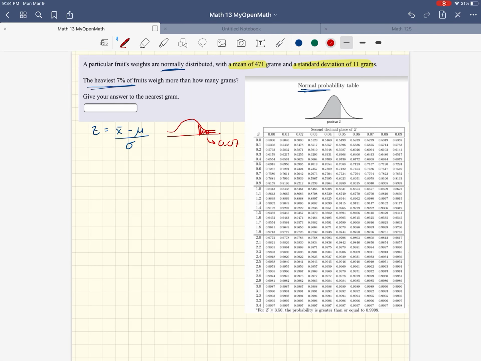Now, if we want to use our normal probability table, remember this always gives us the area to the left. So to find the corresponding z value, we would need the z that goes with 1 minus 0.07, or 0.93. This would be the area to the left.